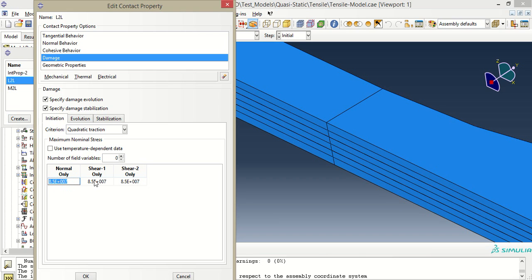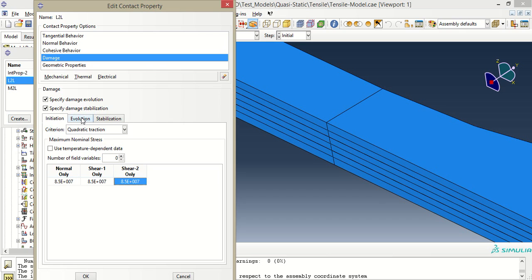This is the normal direction, and this is the shear strength in the other two directions. These might be somewhat lower, but for simplicity I have taken them the same. This will not affect much.